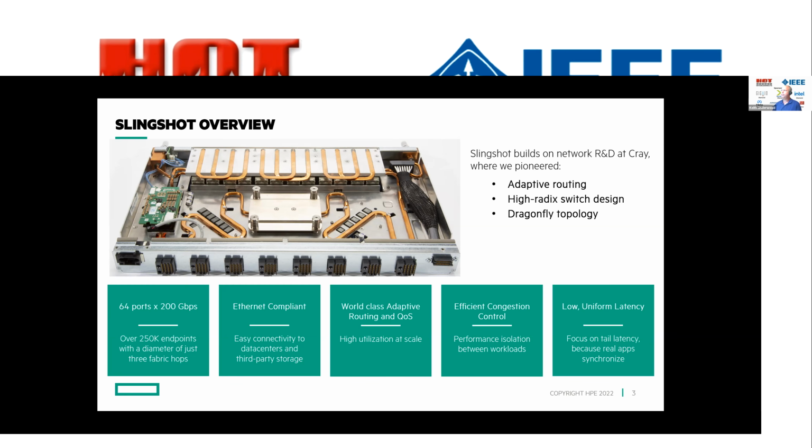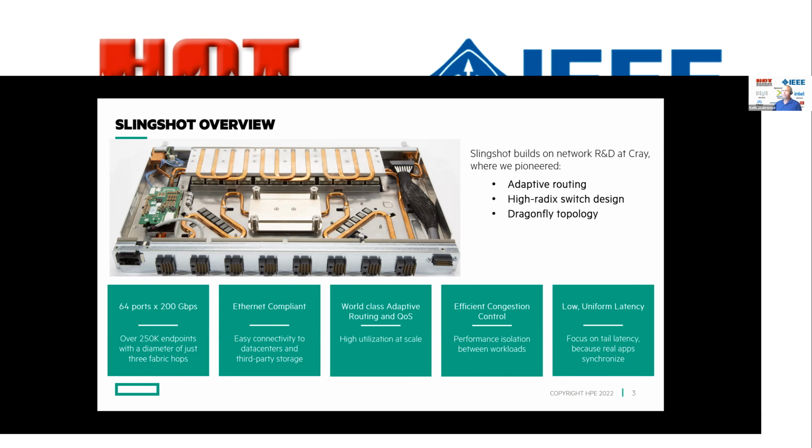Along with our heritage, we bring forward world-class experience with adaptive routing and quality of service, 8 generations of experience building those technologies and 8 generations of learnings, bringing that into the Slingshot interconnect.